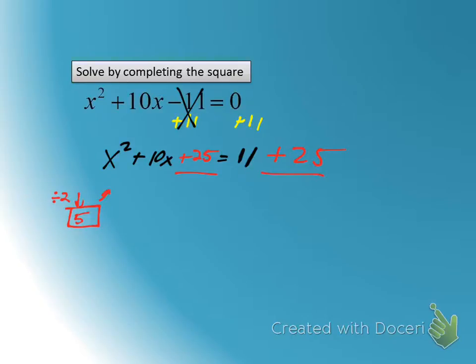We said that factors x plus 5 squared. What's 11 plus 25? 36.